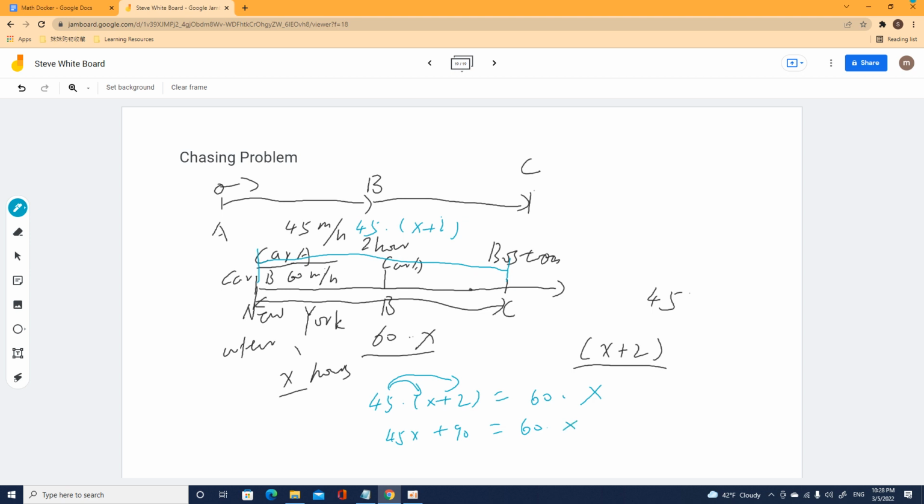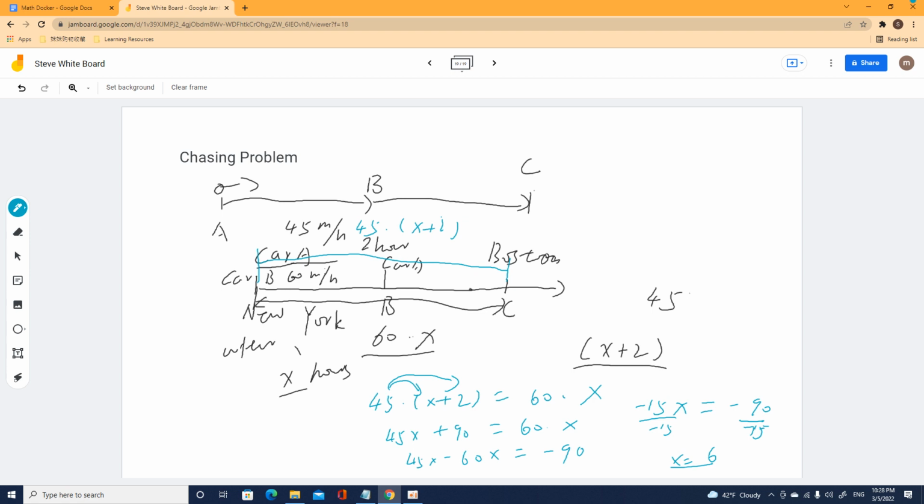We move the x to the left side, and the constant to the right side: 45x minus 60x equals negative 90. That is negative 15x on the left side, and negative 90 on the right side. Both sides divide by negative 15, so we get x is 6. That means car B needs 6 hours to catch car A.